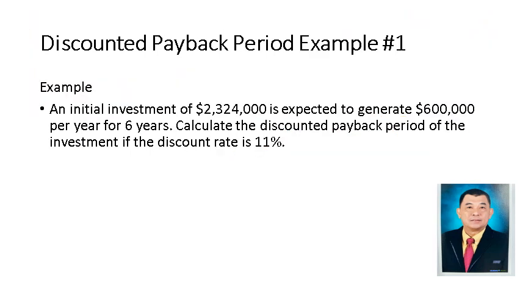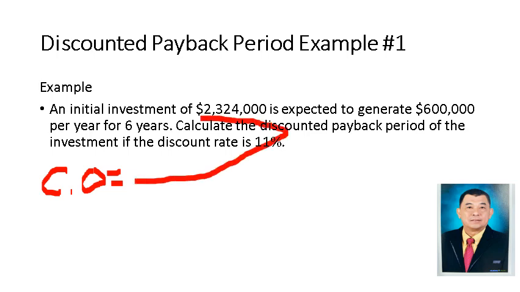So, there is an initial investment or cash outflow of 2.324 million, and it generates 600,000 per year for 6 years. What is this 600,000 per year for 6 years?